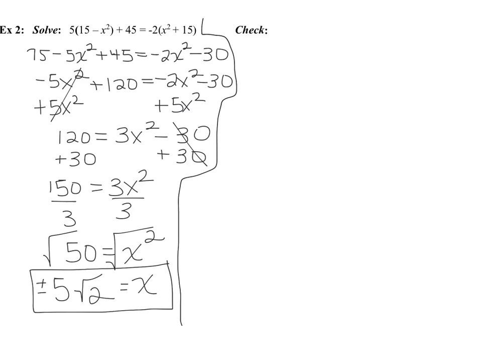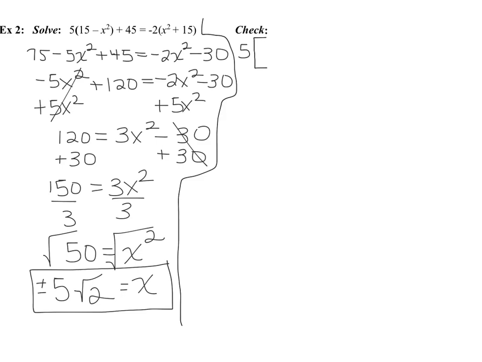So I'm going to start first by plugging in, wherever I see an x, 5 square root of 2. Now, since I already have parentheses, when I write my parentheses, I'm going to write 5, and then I'm going to make it a bracket because I need to put 5 square root of 2 in parentheses because I'm squaring it.